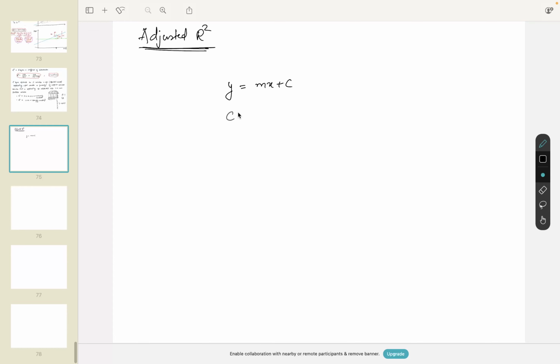Basically for c you will do y minus mx, right? Very good. And for the slope, what you will do? Y minus c by x.